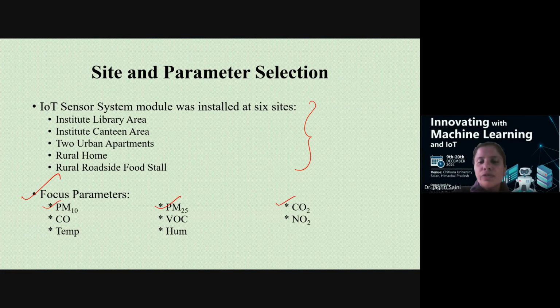Then there were 4 gas parameters, including VOCs, that is, volatile organic compounds. And then we had 2 thermal comfort parameters, because they play an important role in deciding the comfort level of human beings staying within a room or a building. So these became the most relevant parameters for the case study.